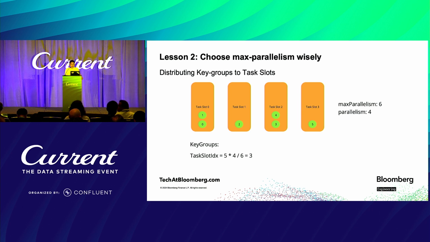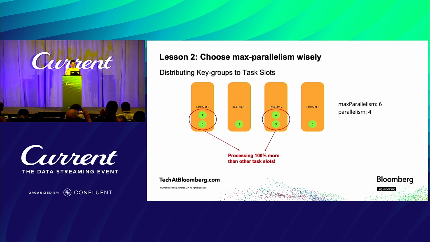What we can observe from this distribution is that our key groups are not evenly distributed to the task slots we have. In fact, in this case, our task slot 0 and task slot 2 are assigned 100% more key groups than our task slot 1 and 3.